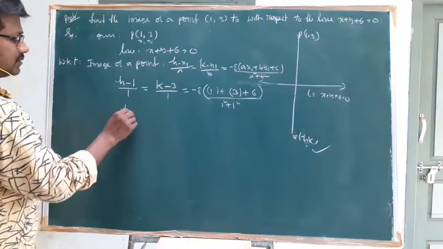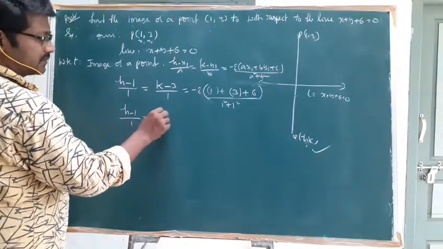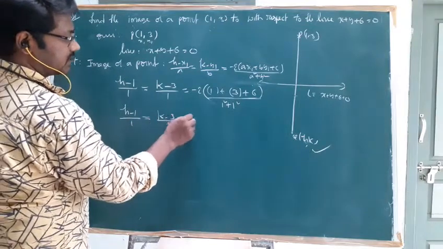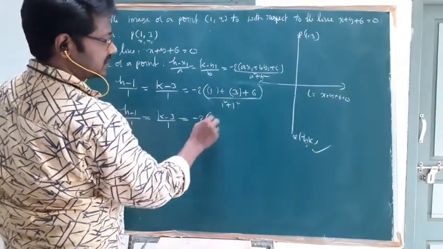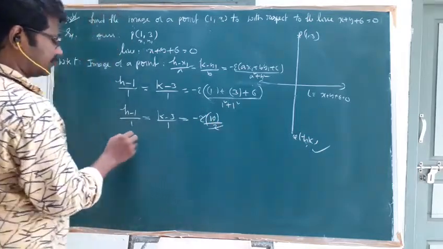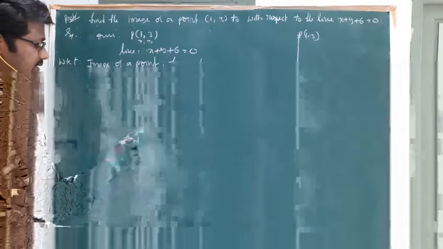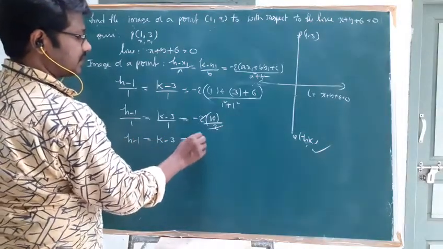That is, (h minus 1)/1 is equal to (k minus 3)/1 is equal to minus 2 into (1 plus 3 is 4, plus 6 is 10) by (1 plus 1 is 2), 2 cancels. Therefore, h minus 1 is equal to k minus 3 is equal to minus 10.